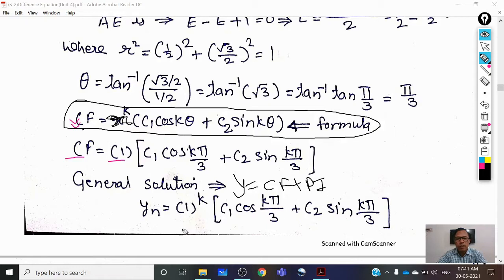So the final answer is y(k) = 1^k (c1 cos(kπ/3) + c2 sin(kπ/3)).